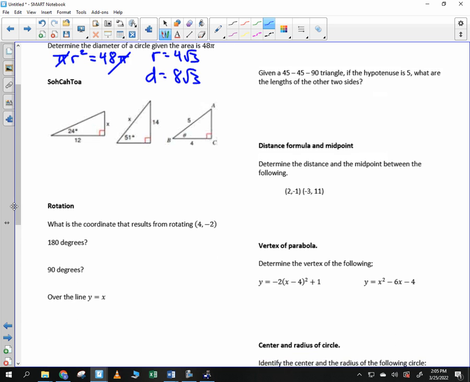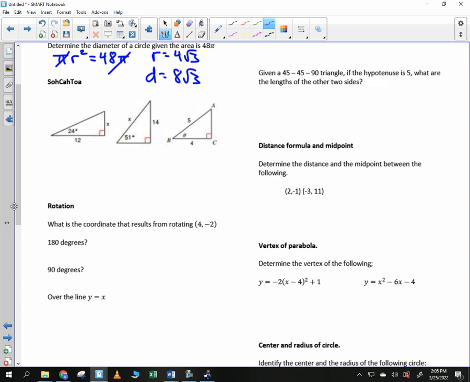Hey, let's go to something we've covered recently, SOHCAHTOA. Sine is opposite over hypotenuse, cosine is adjacent over hypotenuse, tangent is opposite over adjacent. What kind of question would it ask? It would say solve for x.